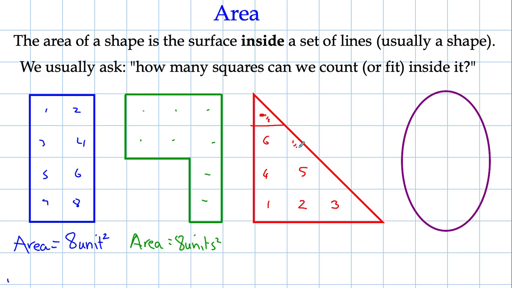So that's kind of a half, and so is this one. So of these two, we'll count that as 1. That's us up to 7. And here's a half, and here's a half. That's us got another 1. That's us up to 8. So again, the area here is 8 square units.